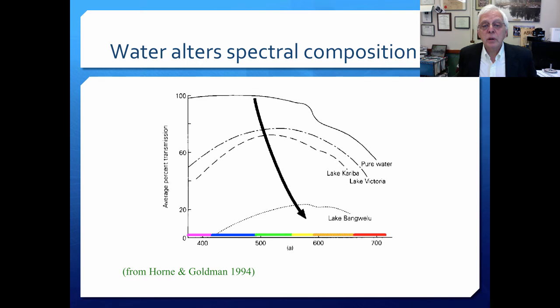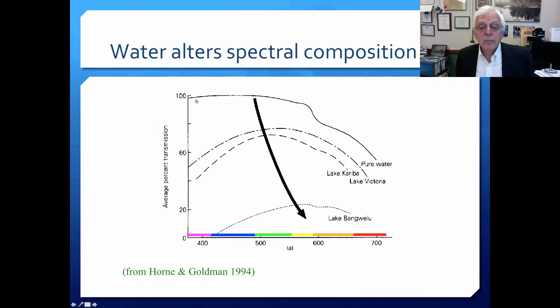So water does alter the spectral composition of light, and I think what you see here is the average percent transmission of varying kinds of water over a variety of different light spectra, going from down in the violet up to the red in that PAR region, that photosynthetically active radiation region.